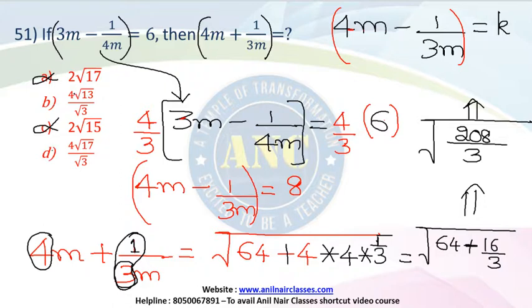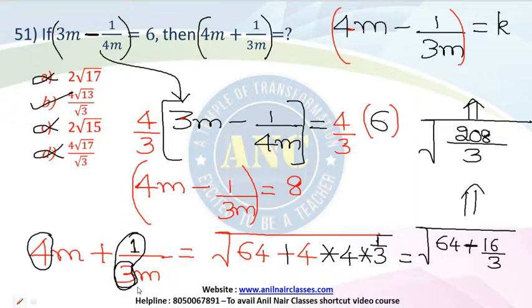Now option B has 4 outside the square root. If I bring it inside, it becomes square root of 16 into 13, which is nothing but square root of 208. So you can mark that option, and the fourth option can be eliminated. I hope the idea is clear. Very simple, sir. They are just changing the if condition so that you will get confused.